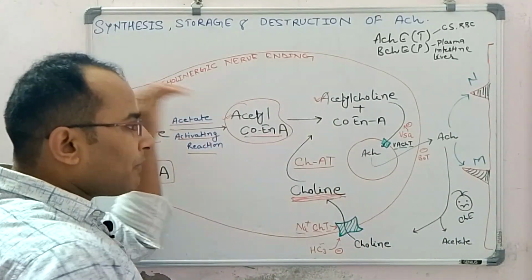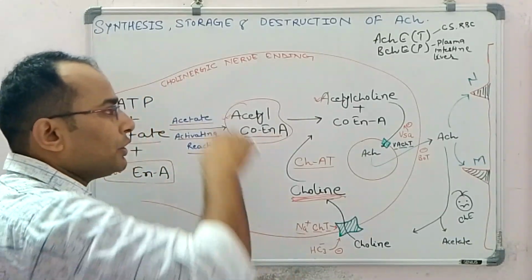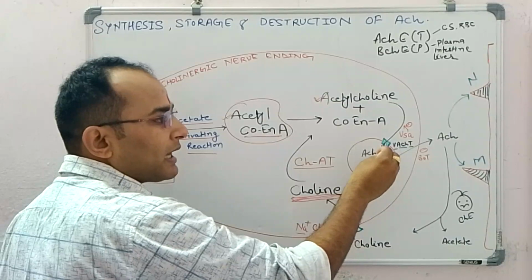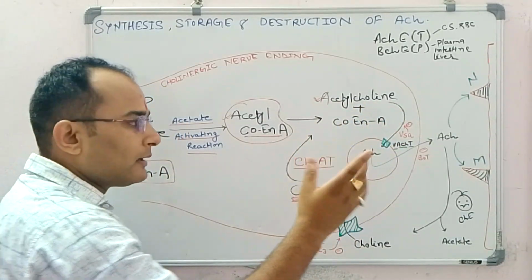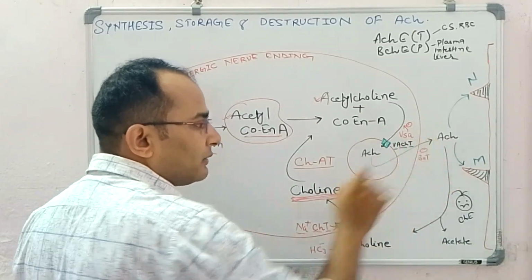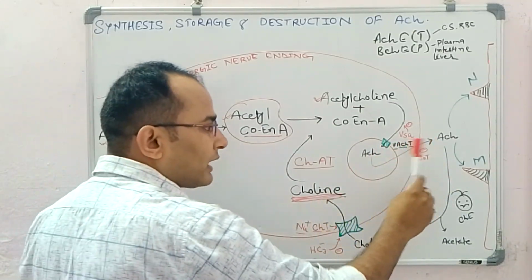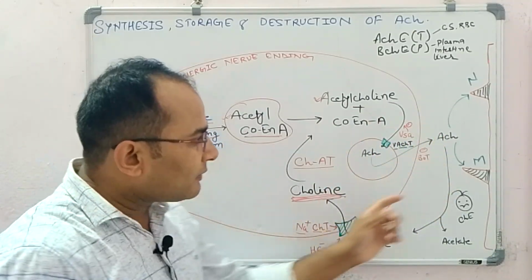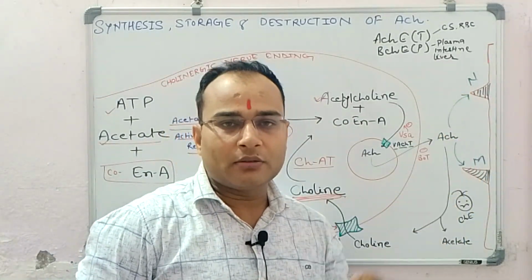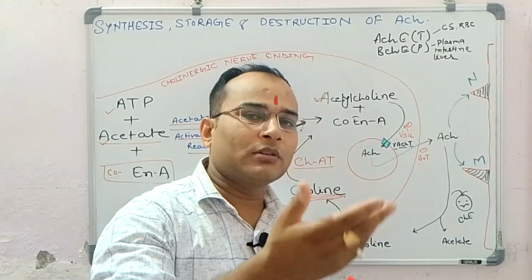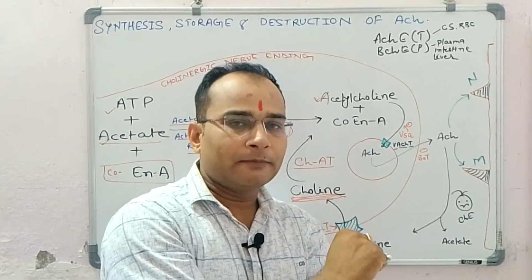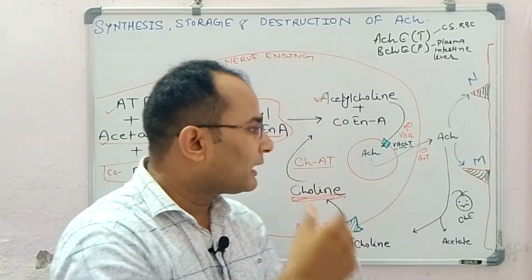Whenever the impulse, or neurohumoral transmission, comes, the synaptic vesicle undergoes exocytosis and the acetylcholine is released, and it binds to its respective receptor, which can be muscarinic or nicotinic, and produces its pharmacological response depending on where the receptor is located.